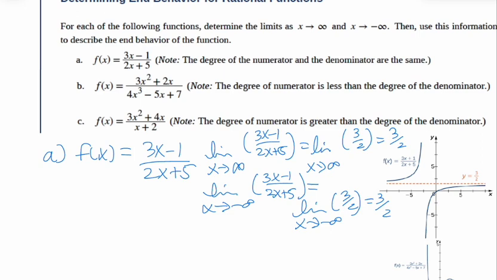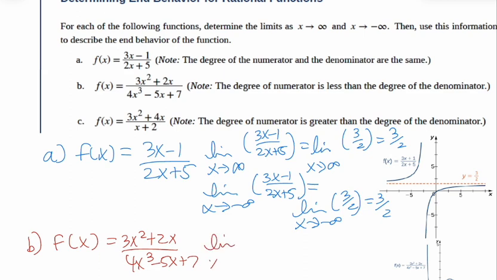Okay. So if we look at B, our higher power is in our denominator. Right now, if we try to do the limit to infinity, I'm just going to put an F there to be a little lazy.